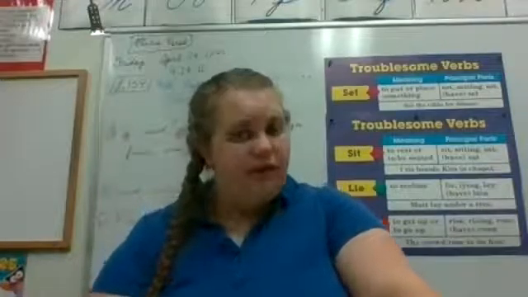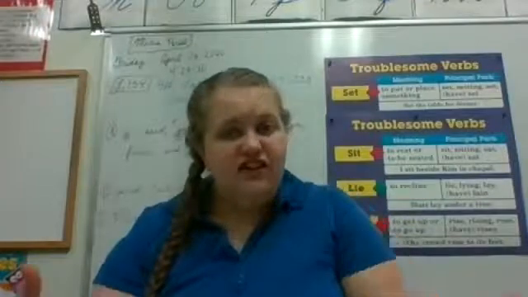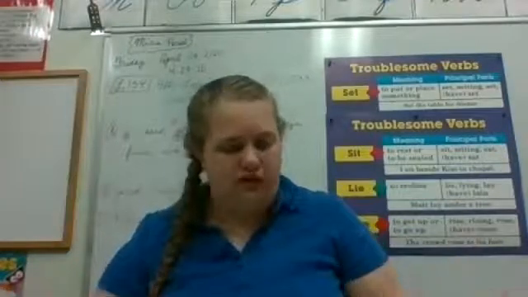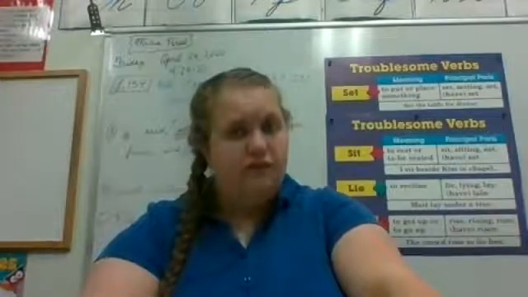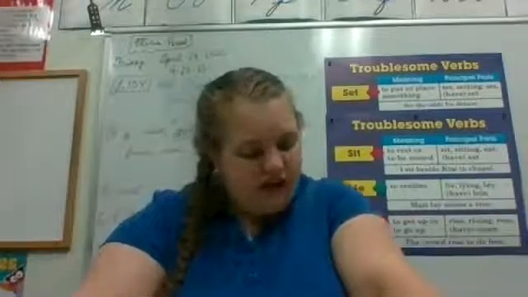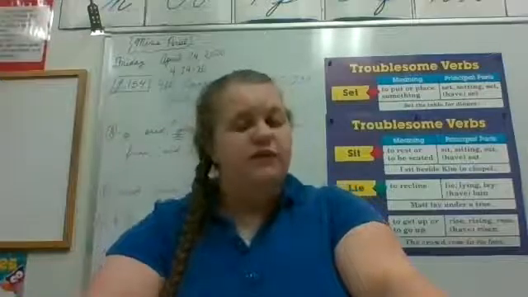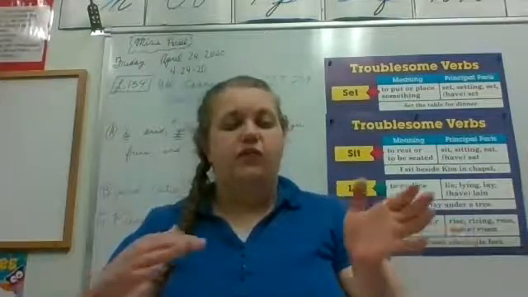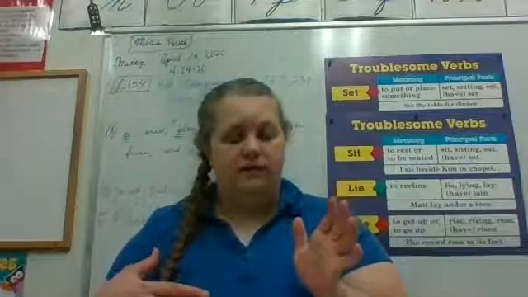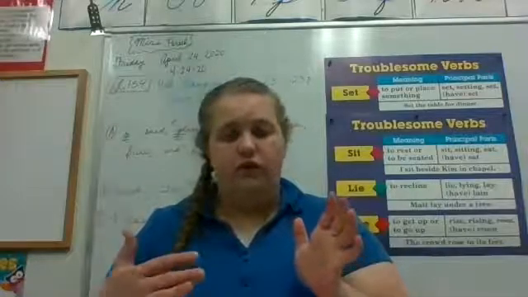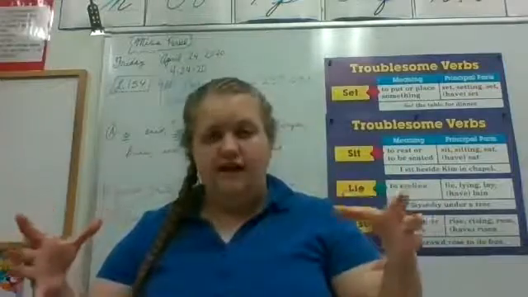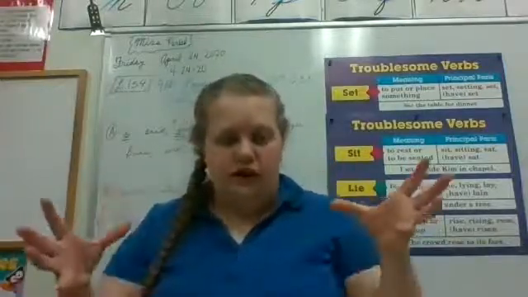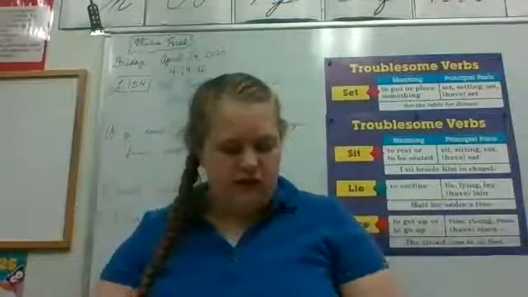Setting the table means that you're putting dishes on the table for the meal, right? The doctor set Mary's broken bone. That means it puts it back in place. Setting traps means to get them ready for an animal to come, whether it's a cage trap or a trap that catches the leg.